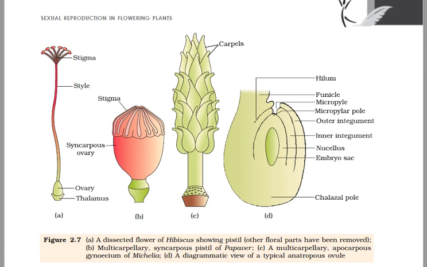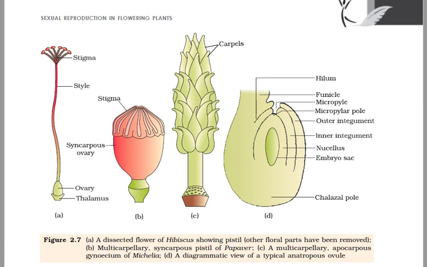Then diagram C is showing you multicarpellary apocarpous pistil or the gynoecium found in Michelia. Now again I am telling you, apocarpous means free. So the pistil is free, not fused. Then D is the ovule, which I will discuss with you further in detail. Then again I will show you this diagram also.